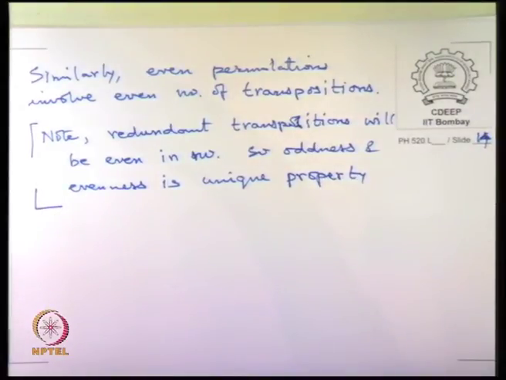From this, we arrive at one interesting subclass of the Sn group. So, if we do not do any permutation at all, we treat it as an even permutation because there are no exchanges.